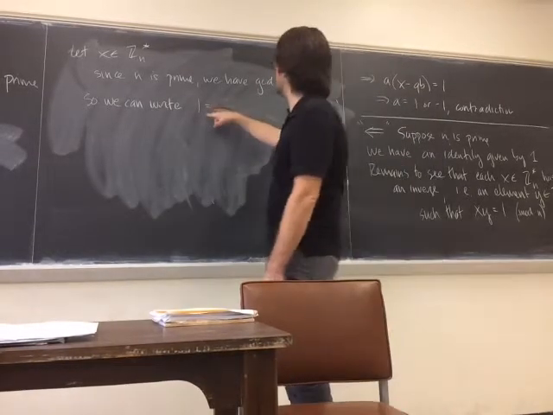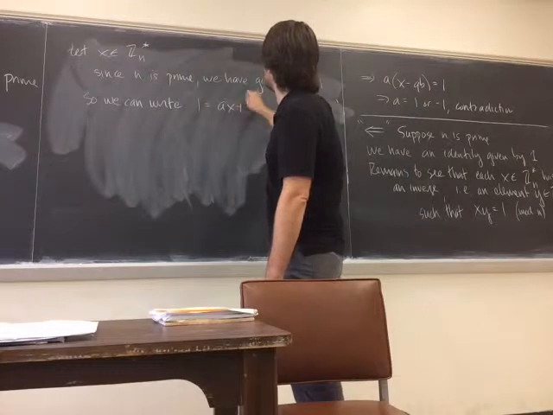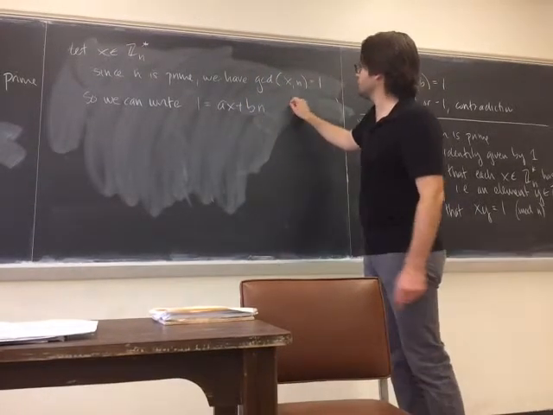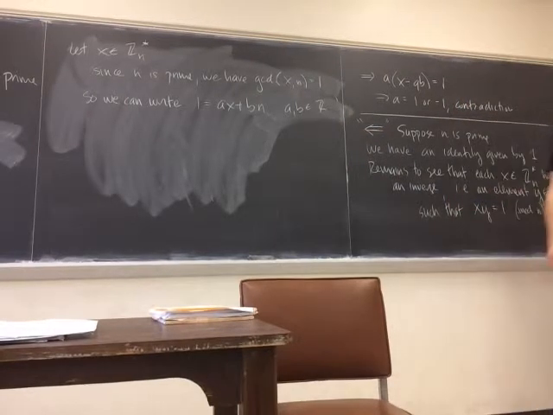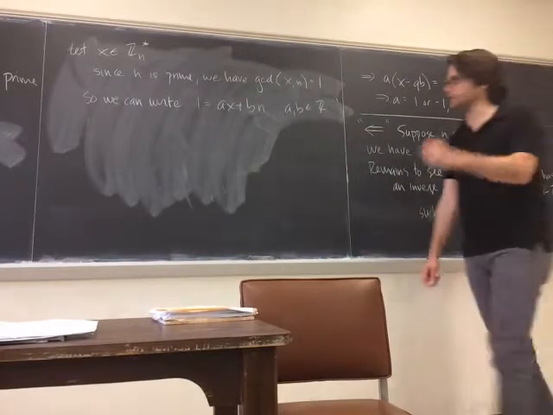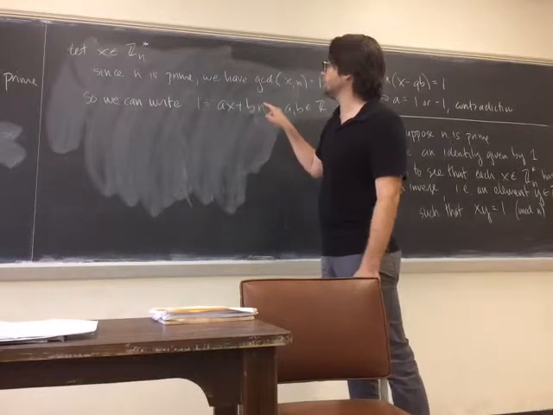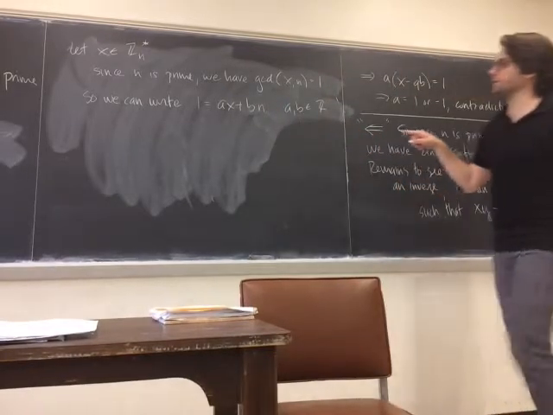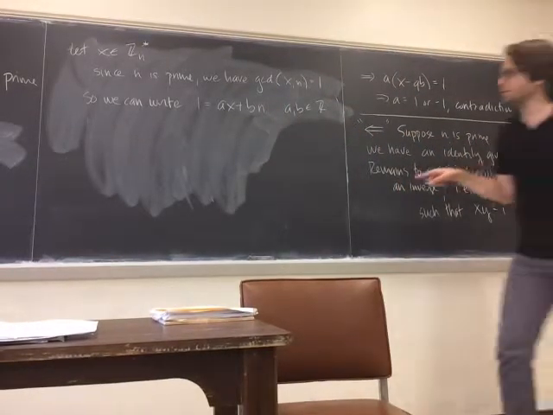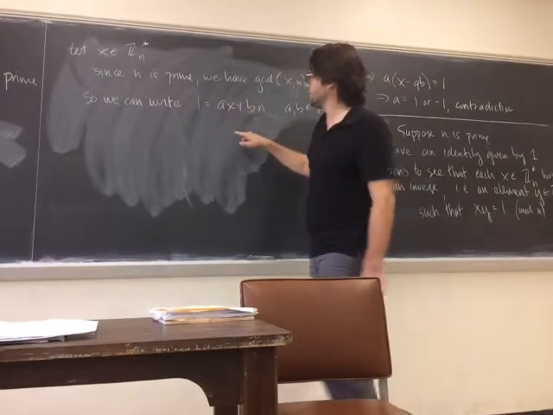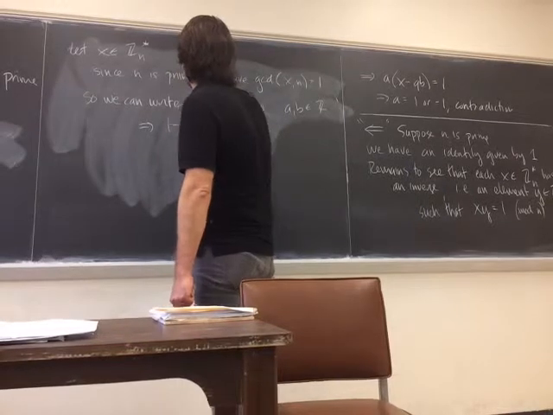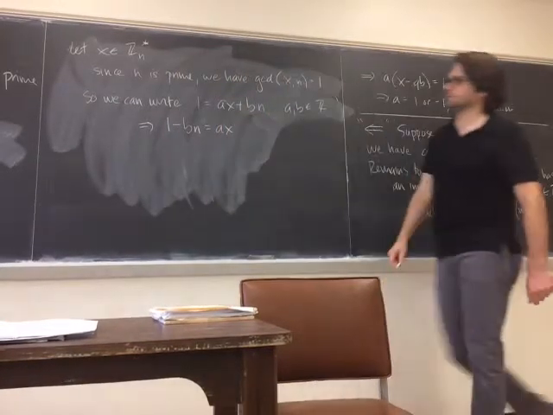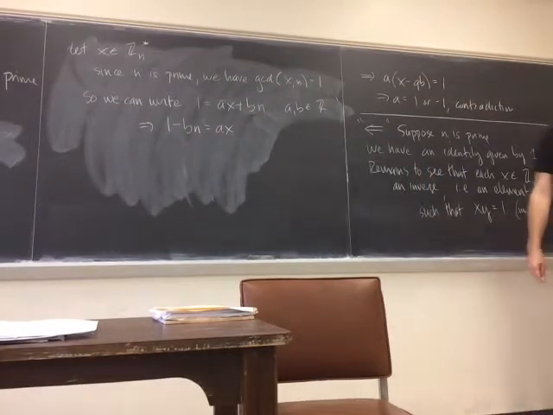You can write 1 as a x plus b n, where a and b are integers. You can write the GCD as an integer combination of x and n. And you see now we're in good shape, because this implies that 1 minus bn is equal to ax. Well, what's that saying?